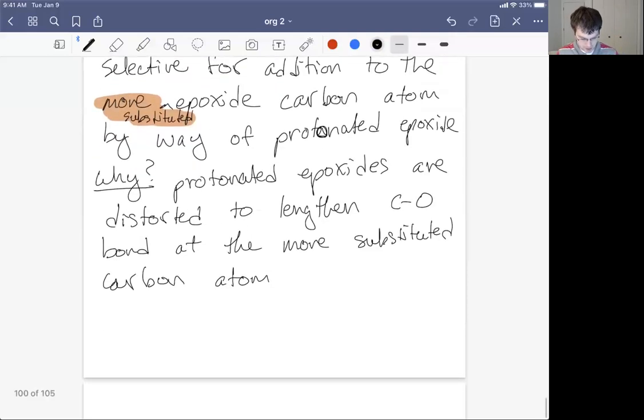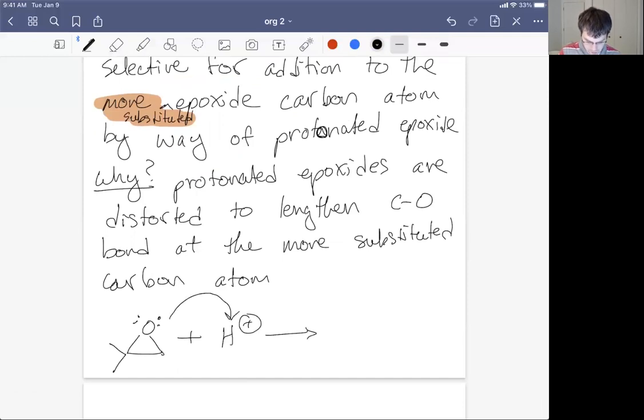Now, when we distort this, it's going to make one side look more appealing for a reaction center than the other side. So for the first step, let's go ahead and draw the protonation step. So we have some sort of acid that's present from one of a number of sources.